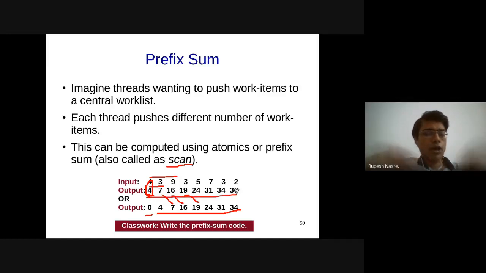And I can launch n threads and let them do n sums in parallel, because my sequential solution was just scan it from left to right. So that is too sequential. So I was thinking that I'll use atomics. So let each thread operate on each data item. And what will each thread do? That is my question. Or will you face any issues with respect to that?